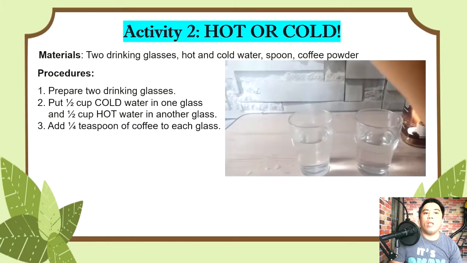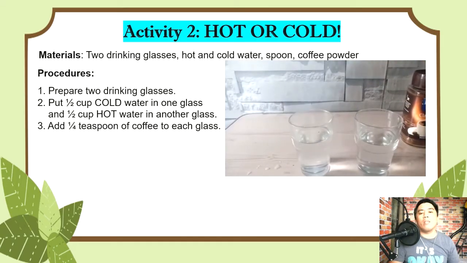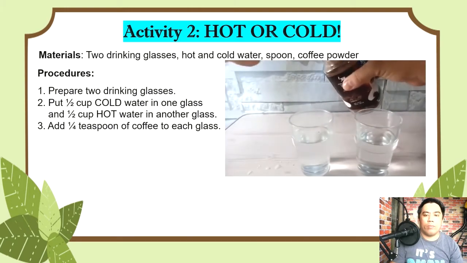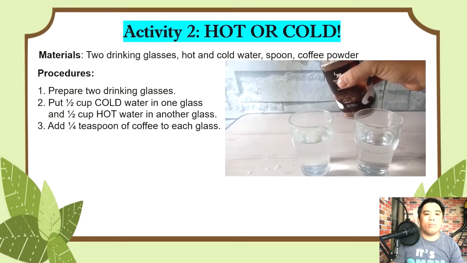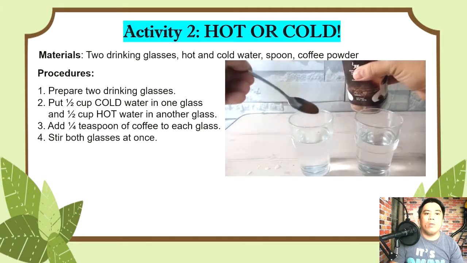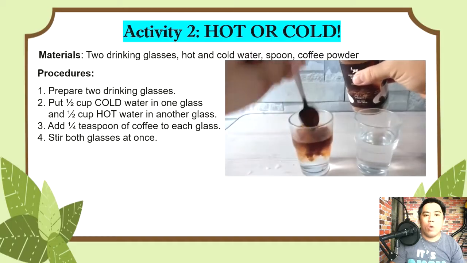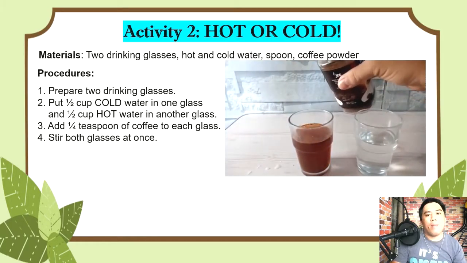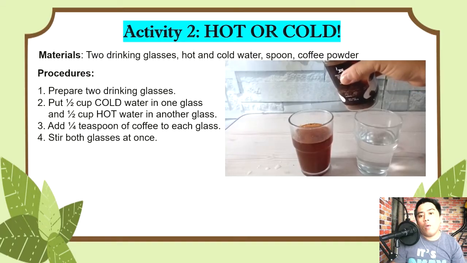Then number 3, add 1/4 teaspoon of coffee to each glass. So, tantyahin nyo na lang yung dami ng coffee na ilalagay ninyo. Then, stir both glasses at once. So, stir natin ng sabay yung dalawang mixture natin.